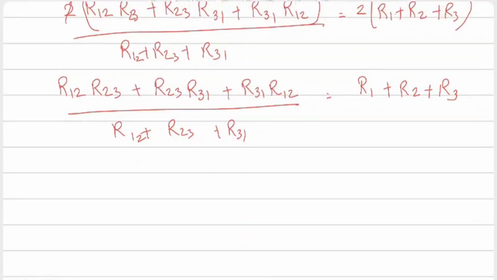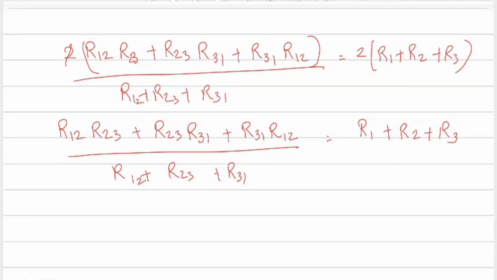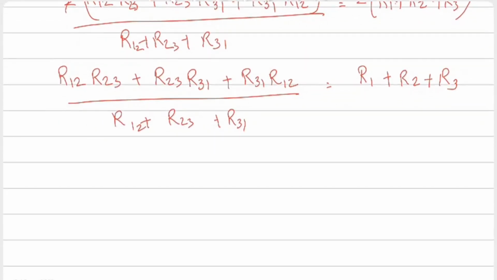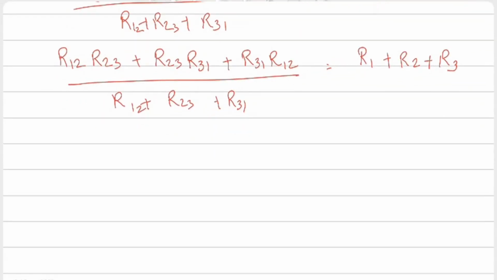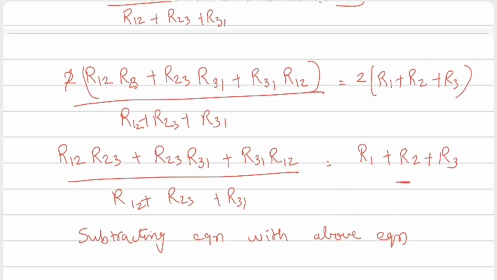Now if we want to get the values of R1, R2 and R3, we subtract the first equation from this equation.